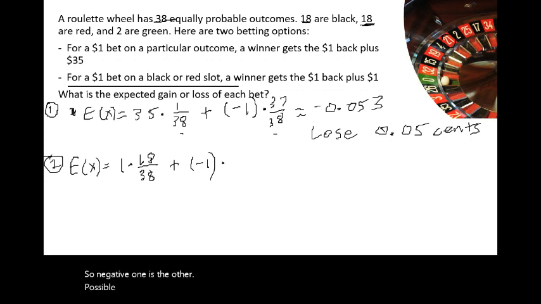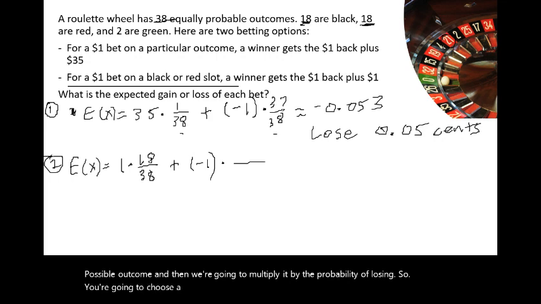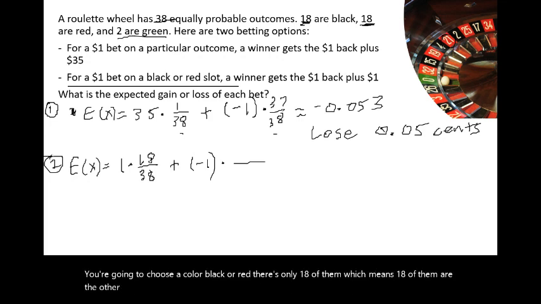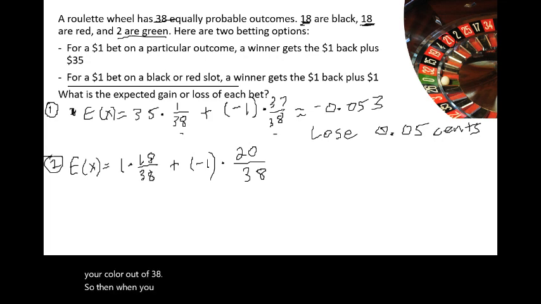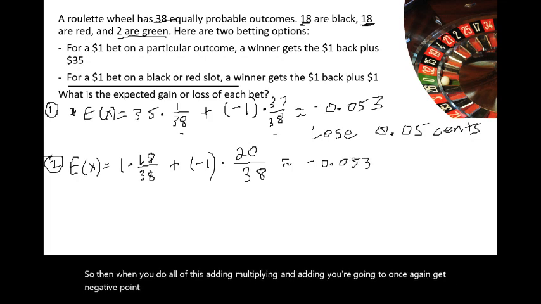And then we're going to multiply it by the probability of losing. So you're going to choose a color, black or red. There's only 18 of them, which means 18 of them are the other color, plus there's 2 green spots. So in total, there are 20 other squares that are not your color out of 38. So then when you do all of this multiplying and adding, you're going to once again get -0.053.